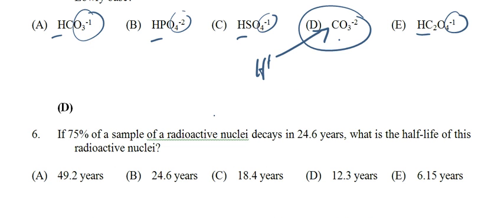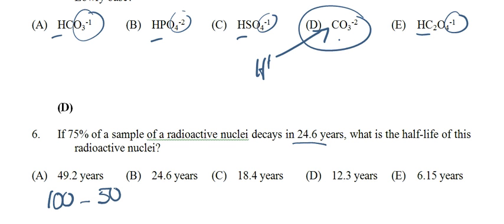All right, number 6. If 75% of a sample of a radioactive nuclei decays in 24.6 years, what is the half-life of this radioactive nuclei? So the strategy here is, if it took 24.6 years for 75% of the sample to undergo radioactive decay, we have to find out how many half-lives we have. Start off with your 100.